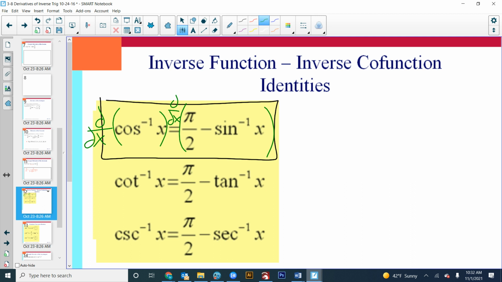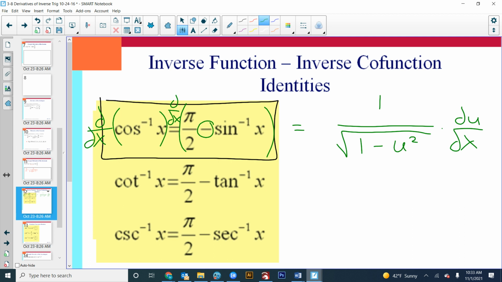What's the derivative of sine inverse? It's 1 over the square root of 1 minus u squared times du dx. And it's the opposite of that. It's the constant multiple rule. Opposite of the derivative of sine inverse.